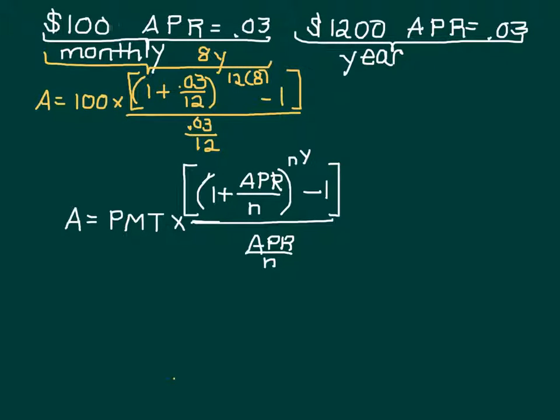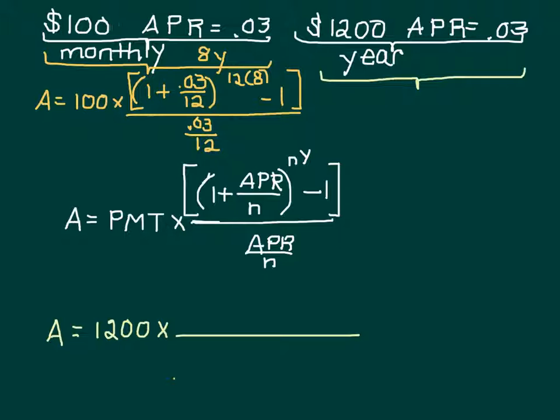And now over here, we'll look at Zach. The amount of money he will have after 8 years is, well, he puts $1,200 in per year times the ratio. And in the numerator, it's 1 plus the rate, same rate, 0.03, but he puts his payments in only once per year, so n is 1, and that's raised to the n times y.